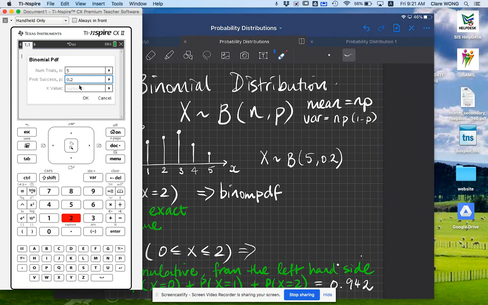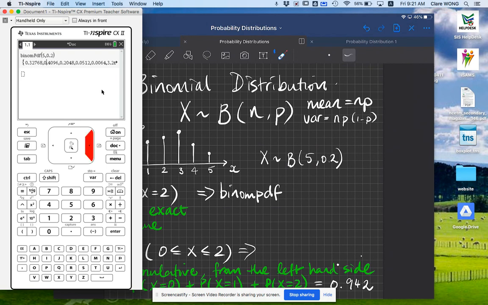But to sidetrack a bit, let's just try not entering the x values. You will get the probabilities of every single possible value that x can take on. So this is when it is exactly equal to 0, exactly equal to 1, etc. But in order to see what's at the end, you need to use the cursor button to go all the way to the right.